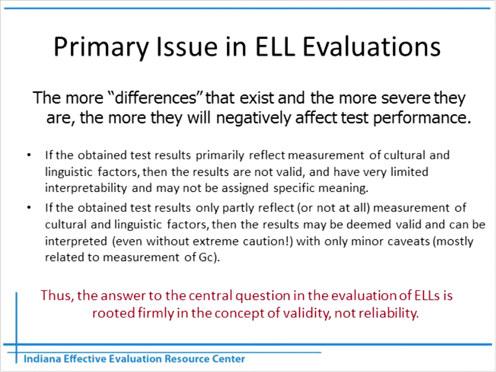Gc, or crystallized intelligence, sometimes called comprehension and knowledge, is culture and language. So Gc is a measure directly of language development. It's a measure of cultural knowledge. That's what it is, by definition. So it's not possible to eliminate the influence of culture and language from the measurement of culture and language on a test designed to measure culture and language.